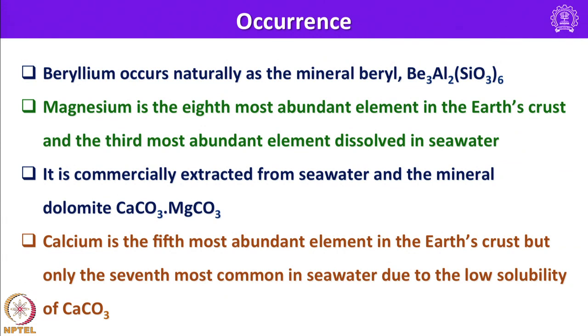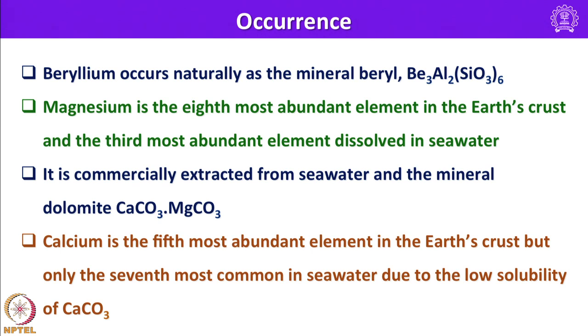Okay, so let us look into the occurrence of alkaline earth elements. Beryllium occurs naturally as the mineral beryl, an important ore or source of beryllium, with composition Be3Al2(SiO3)6, and magnesium is the 8th most abundant element in the earth's crust and the 3rd most abundant element dissolved in seawater.